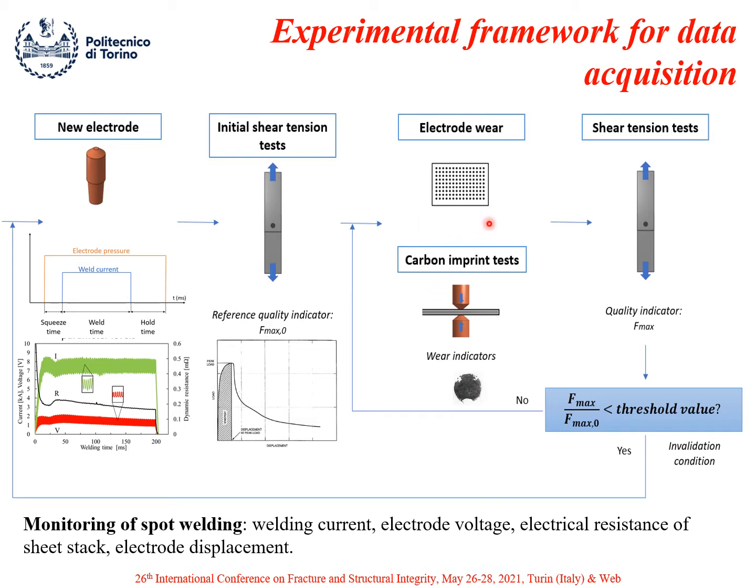And we proceeded in that way until the electrodes were completely worn. In the meanwhile, we monitored the welding signals in order to find a relationship between such signals and the electrode wear and the mechanical resistance of the spot welds.